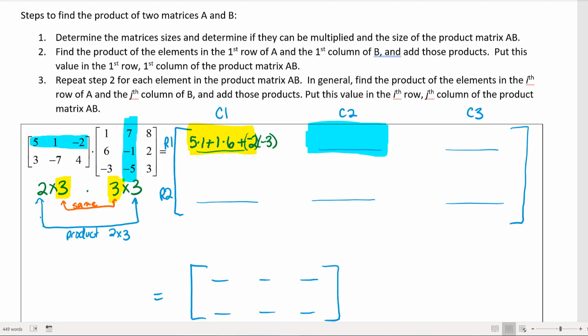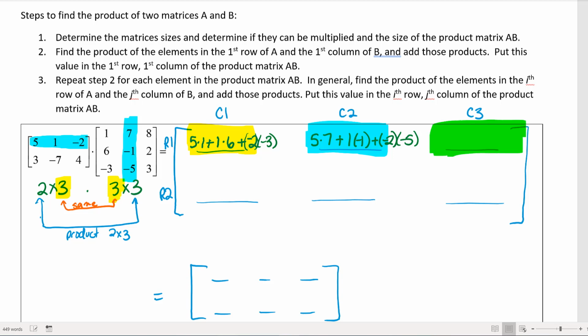So now I'm going to take the first element, which is 5, times the first element of the column, which is 7, plus the second element of the row, which is 1, times the second element of the column, which is -1, plus the third element of the row by the third element of the column, which is -2 times -5.